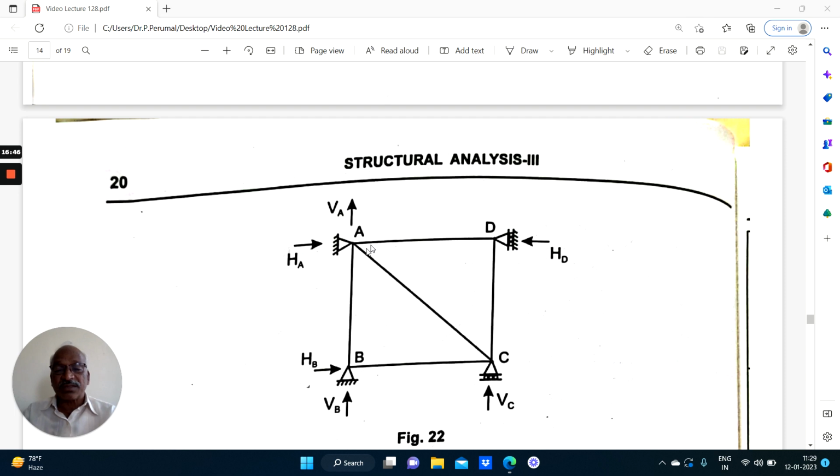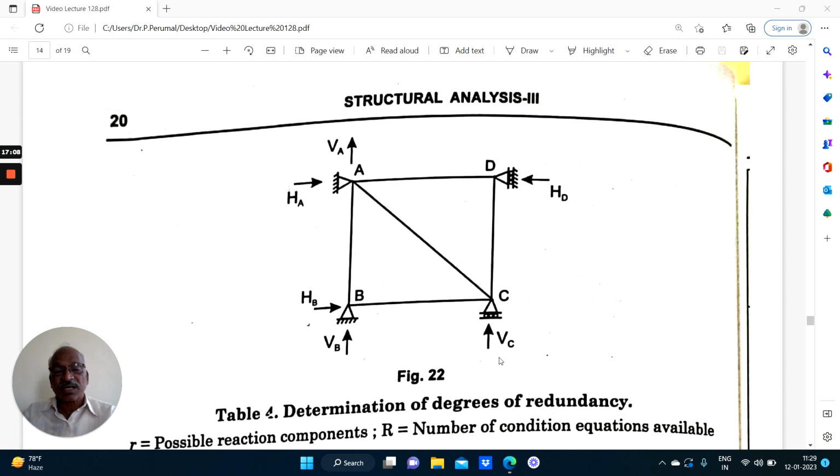Now coming to this truss, it has 4 supports, 2 hinged supports and 2 roller supports. So this truss is externally indeterminate because there are 2 reaction components here, 2 here and here. There are totally 6 reaction components, and only 3 equations of equilibrium.